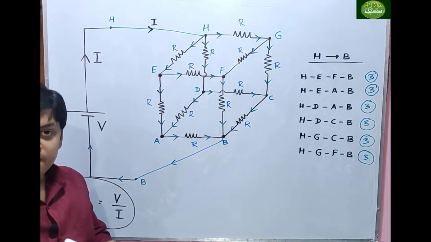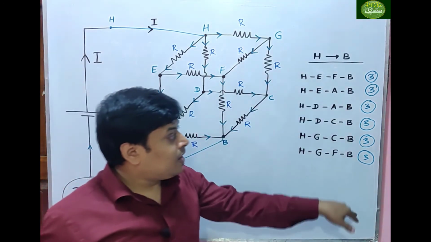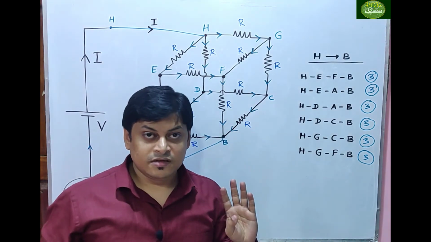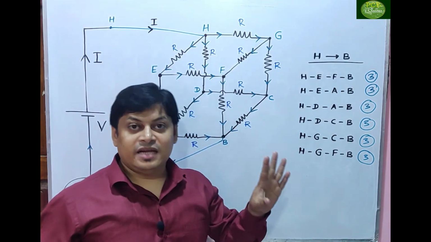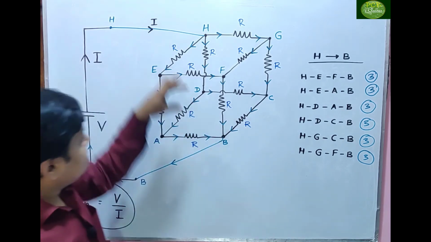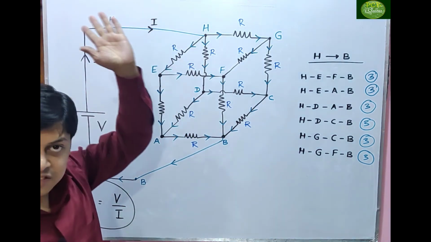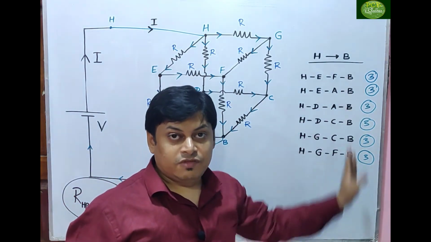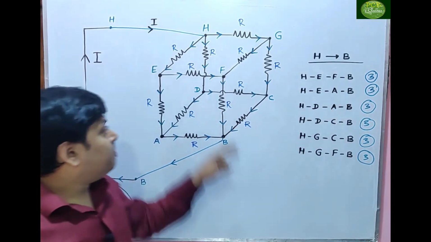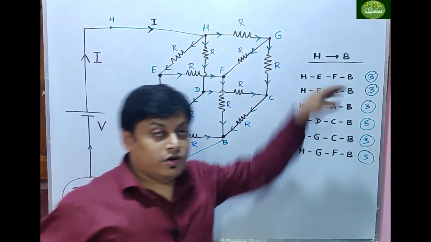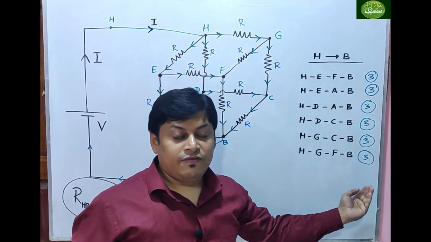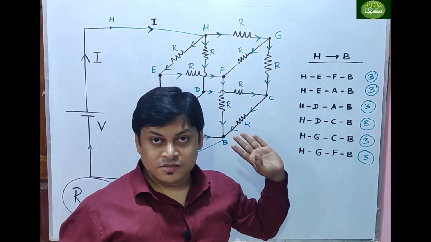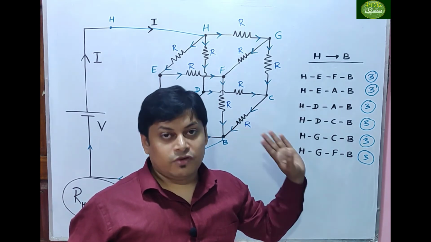That means in every path it is covering 3 edges, right? Or you can consider R as the length of the edge. Is it not covering 3 lengths in each path? That means from H to B, whatever way you come, you have to cover 3 lengths.